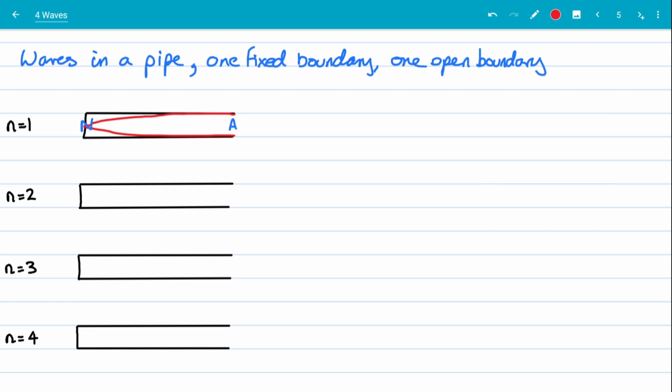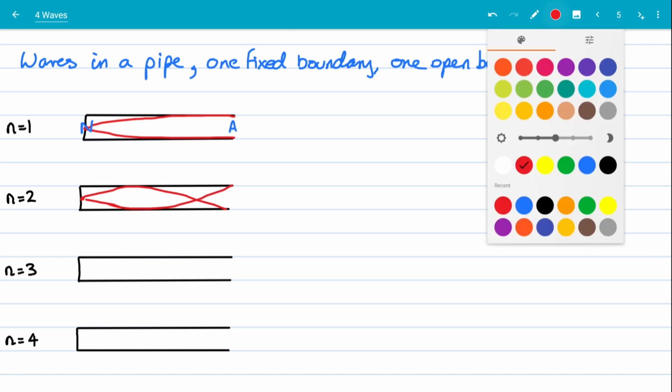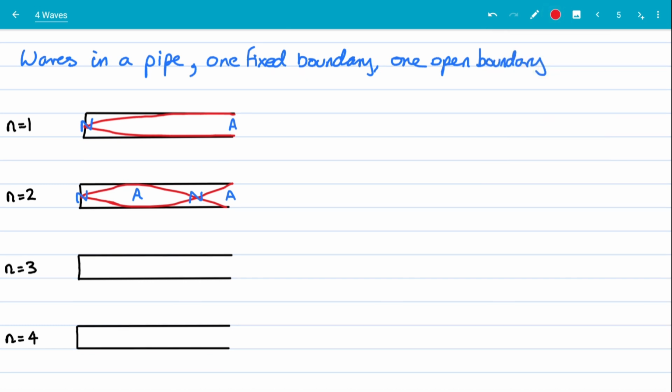Then we could have, instead of a node and an antinode like that, let's try and draw this right, going up like this and down to there. Down like this and up to there. So in that case, it's an antinode at the open end, and a node at the closed end. Now the node spacing and antinode spacing should all be the same for a particular harmonic.